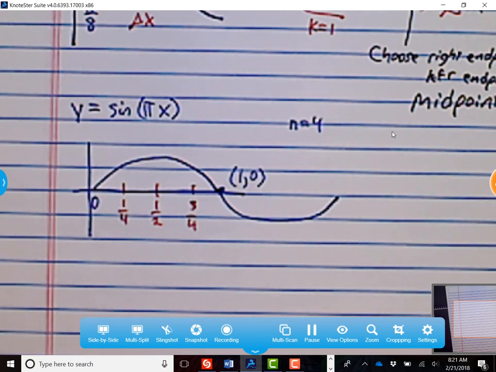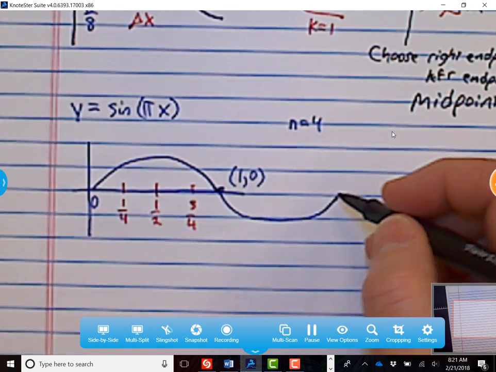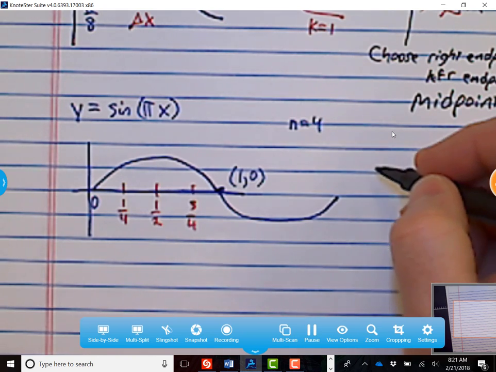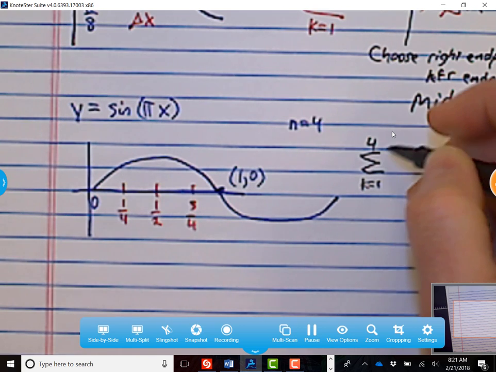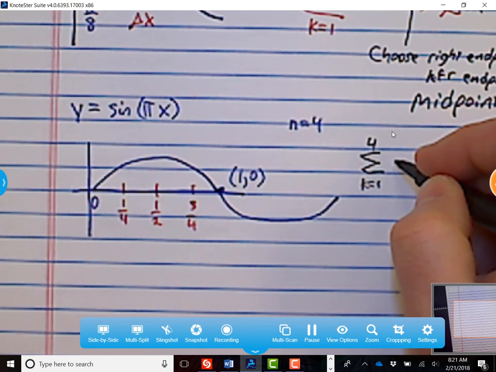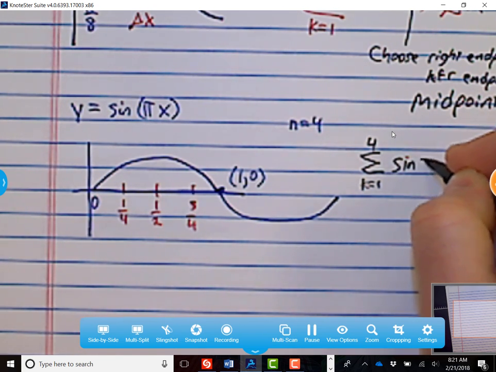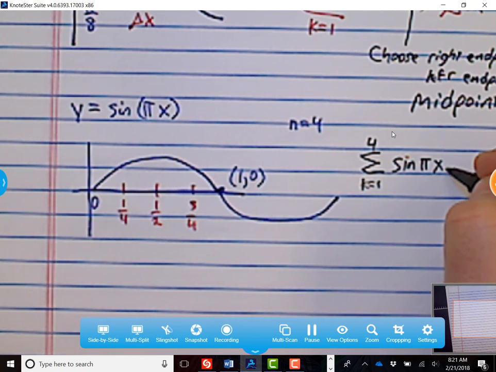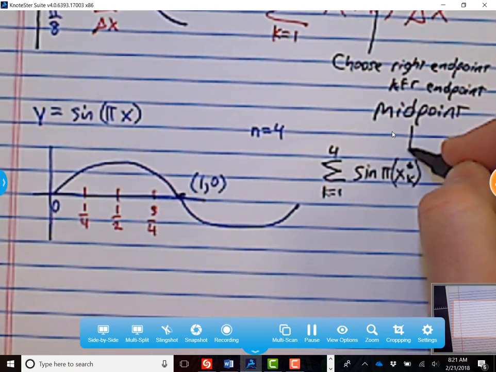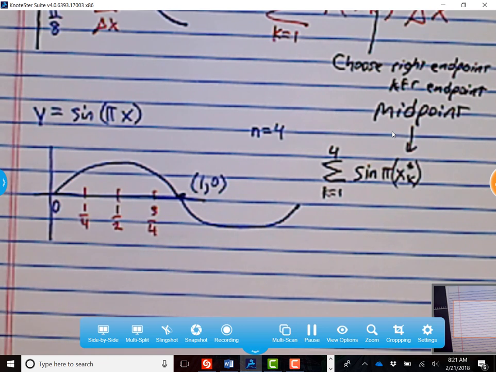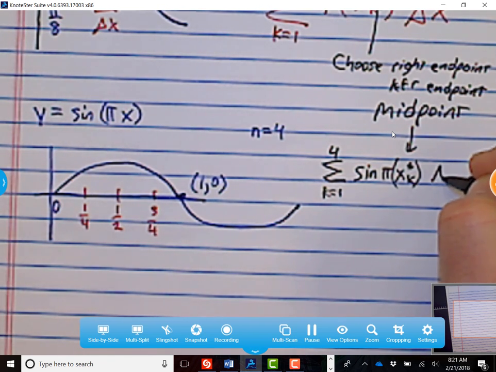But what you're going to do each time is, let's see what I have. Again, what I want is k equals 1 to 4, the sine of pi x_k star, where what I mean by x_k star is, take the midpoint, times delta x.